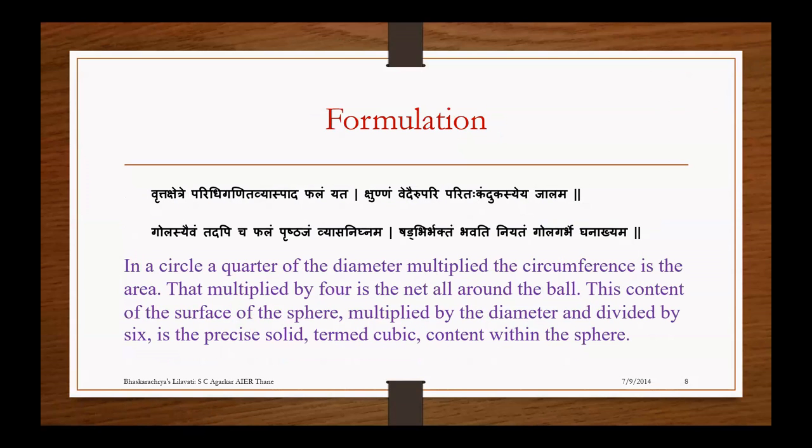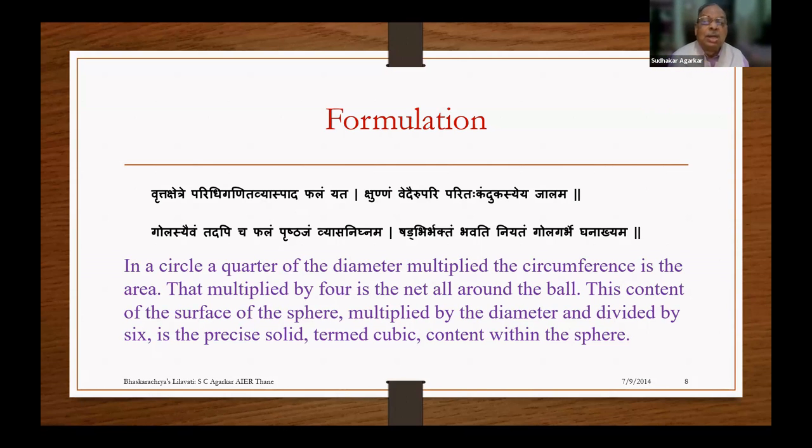Second aspect is formulation. As I told you, Bhaskaracharya has written about 260 shlokas, of which some are spent in describing, arriving at the formula or describing the procedure. And then he gives the problem. He has not solved any problem in the entire book.